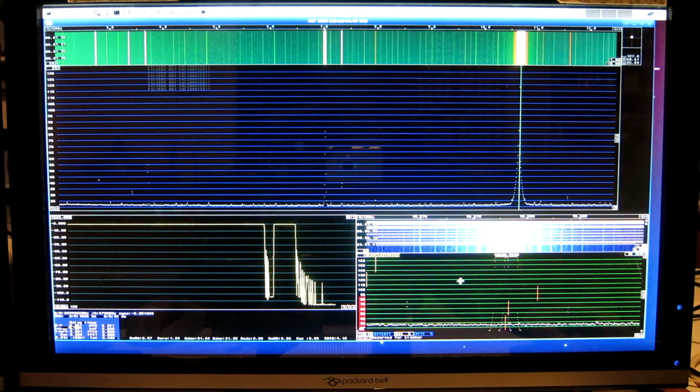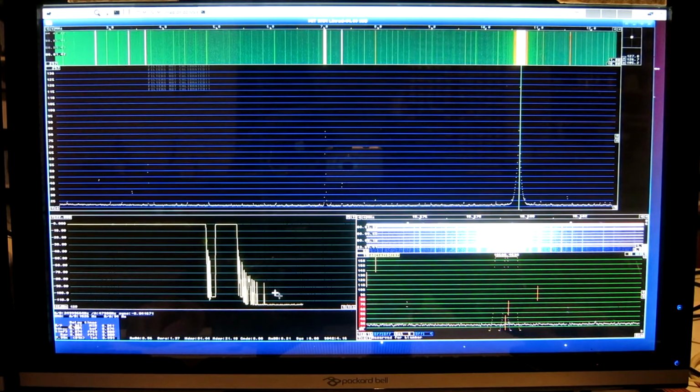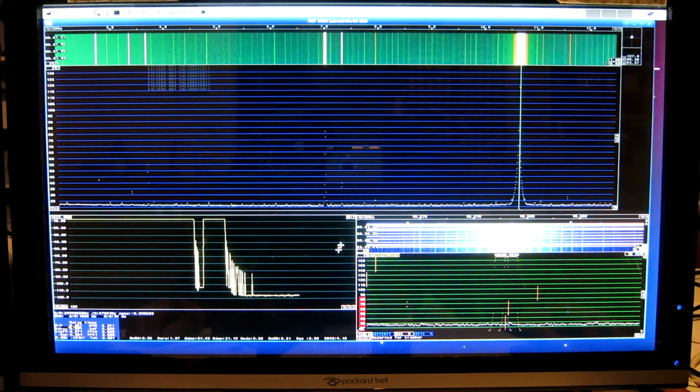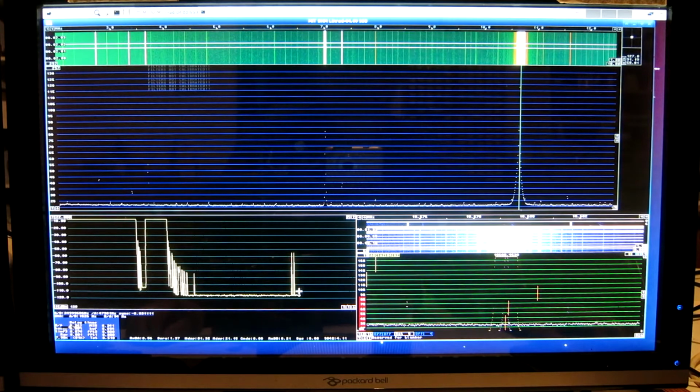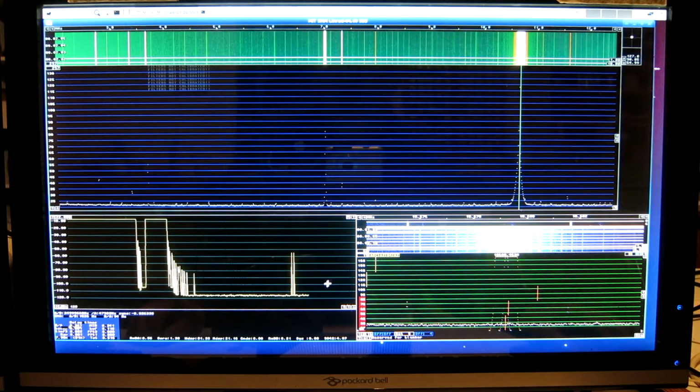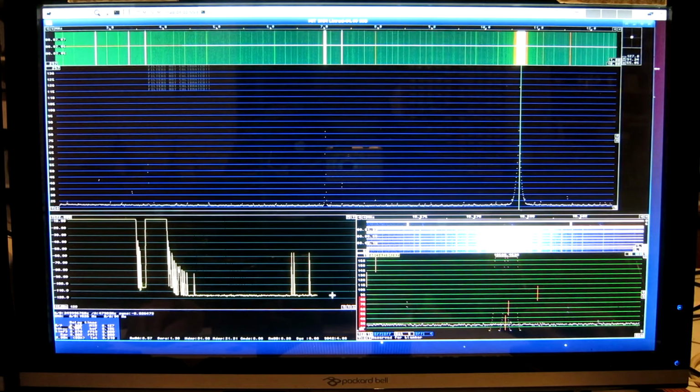This is 10 kilohertz away, and here the noise level is, I have to move the graph, minus 117, and that is in a bandwidth of 1 kilohertz, which means that the noise floor is 117 plus 30.